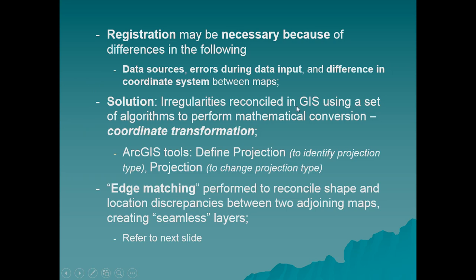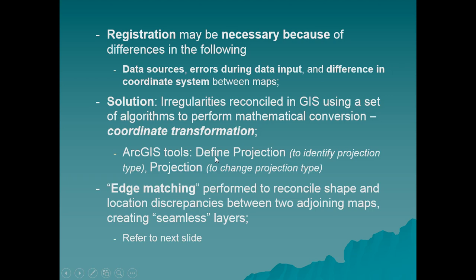Irregularities can be reconciled in the GIS using a set of algorithms to perform a mathematical conversion of your coordinate system. Now, you don't have to be concerned about the math behind that, because ArcGIS has nicely provided some tools for you that would automatically do that for you.